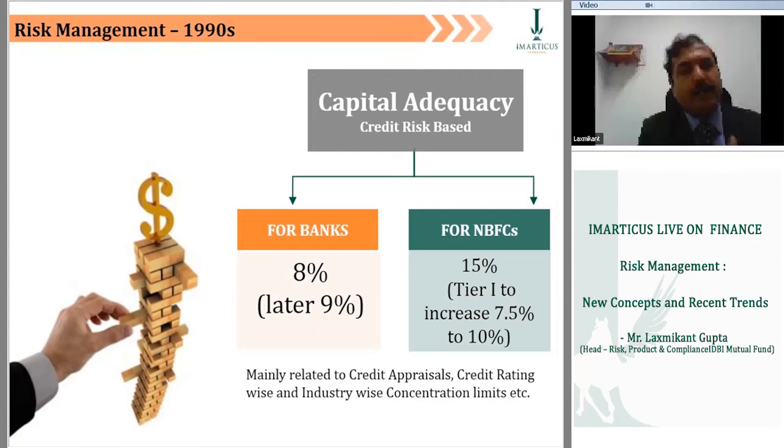For NBFCs, in fact, it has been 15%, and for primary dealers as well, 15%. Tier 1 and Tier 2 parts are there for the capital. Tier 1 was supposed to be 7.5%, which is going to increase to 10% within this 15% slab. So the trend and focus area during the 80s and 90s was the capital adequacy ratio of banks and primary dealers.